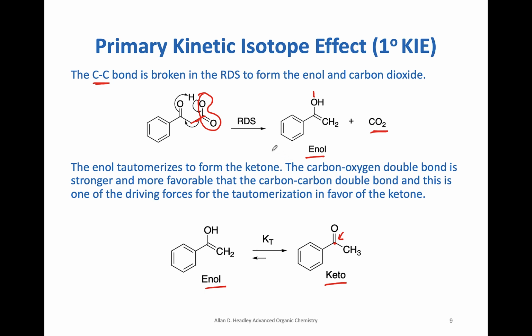So bottom line is, we have here a primary kinetic isotope effect. In this case, it's a carbon-carbon bond that's broken. So the measurement here is carbon-12, carbon-13, very small compared to the CH bond breakage in a primary kinetic isotope effect, as we have seen earlier.